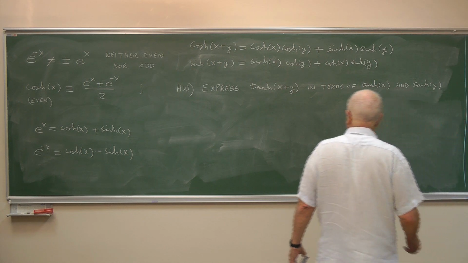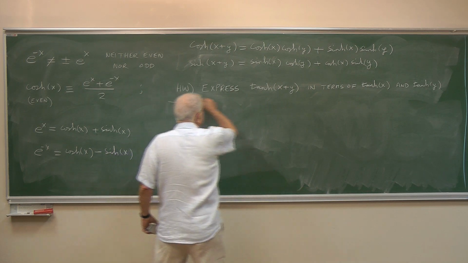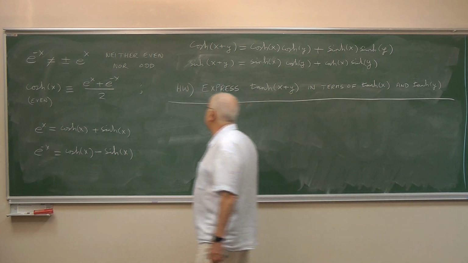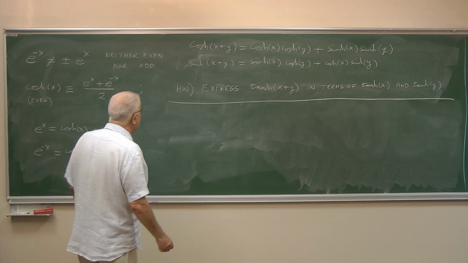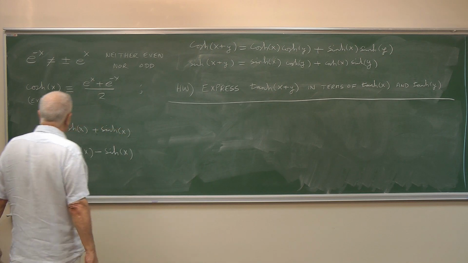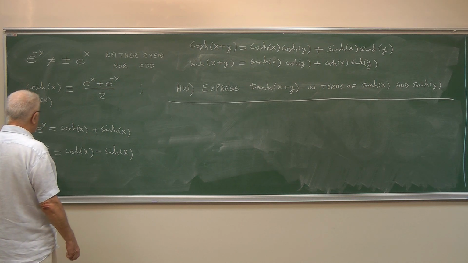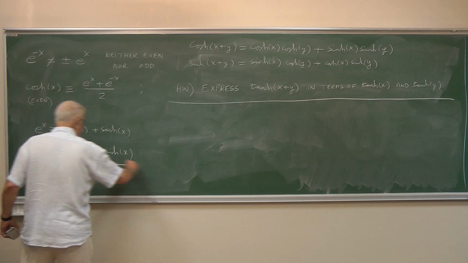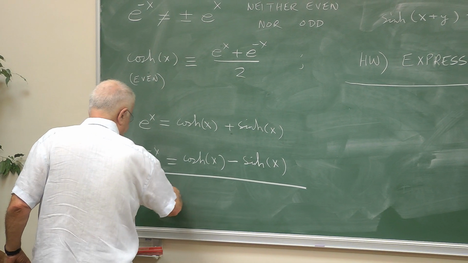Now, which brings us to double argument formulas. But before that, we should multiply these two. E to the x times e to the minus x is 1.